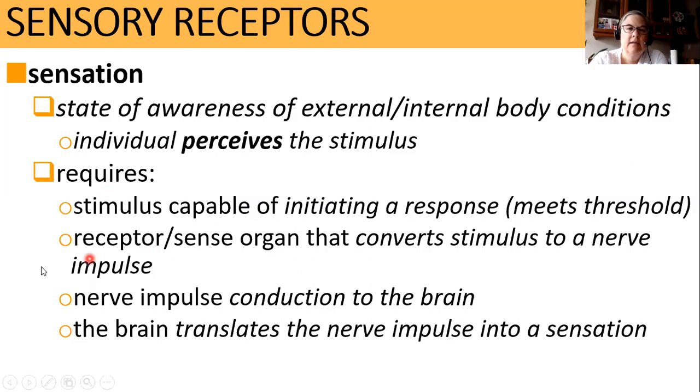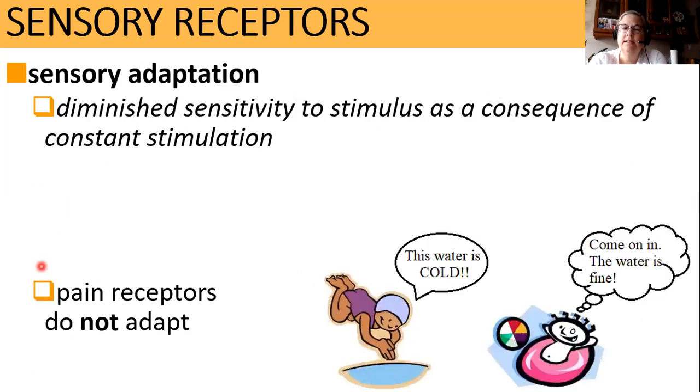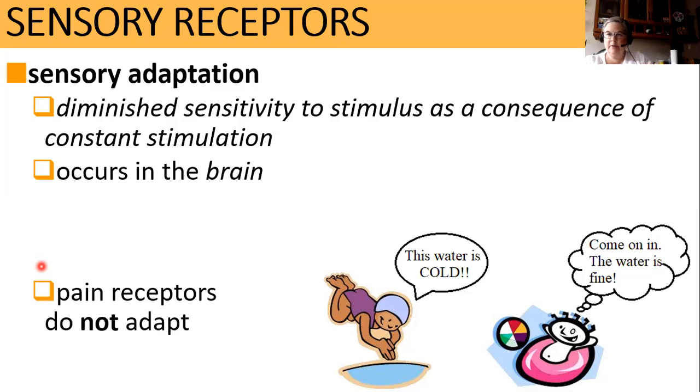Now, one interesting thing that our bodies do is something called sensory adaptation, and basically it means that we lose our sensitivity to some kind of stimulus because we're constantly bombarded with it. What's interesting is this is our brain's job, so it doesn't have anything to do with the threshold level of our neurons.